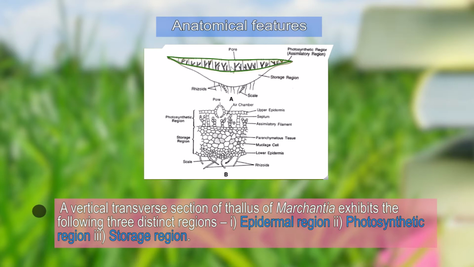Below the photosynthetic region is the storage region. The storage region consists of isodiametrically placed parenchymatous cells and they store starch. Below the storage region is the ventral epidermis, or the lower epidermis, and from the lower epidermis arise the rhizoids. So this goes for the anatomical features of Marchantia.